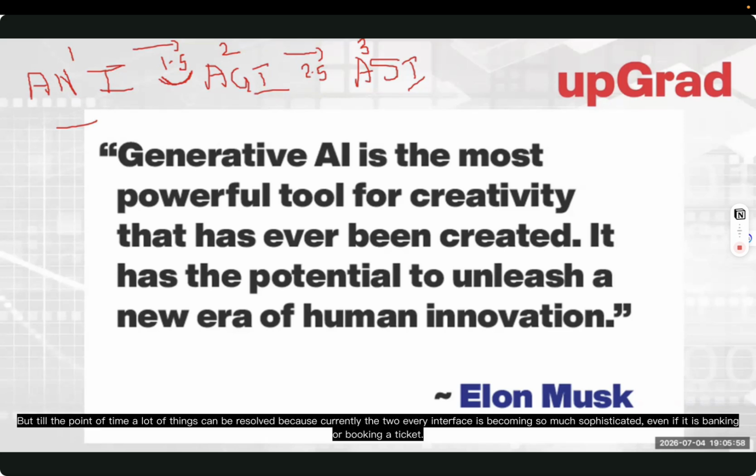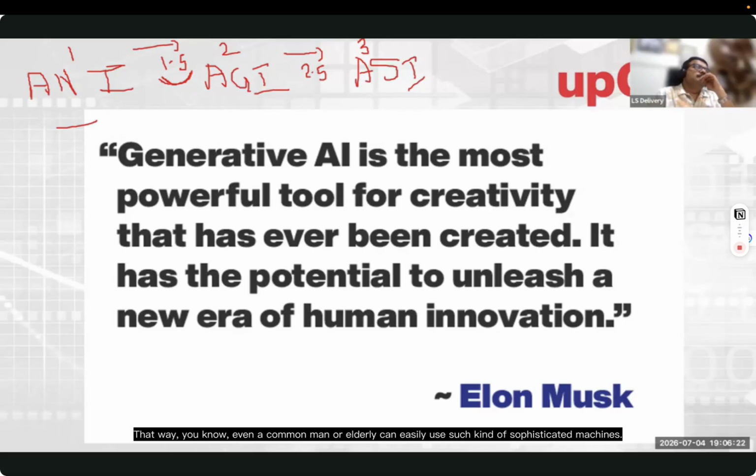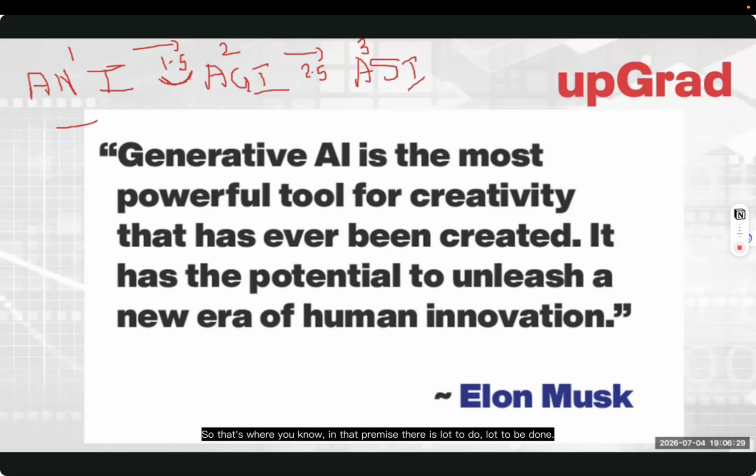But till that point of time, a lot of things can be resolved, because currently every interface is becoming so sophisticated, even if it is banking or booking a ticket, that the user needs to understand a lot of stuff and then key in. And perhaps these thinking machines can help in solving the interface. That way, even a common man or an elderly person can easily use such sophisticated machines. So in that premise, there is a lot to be done.